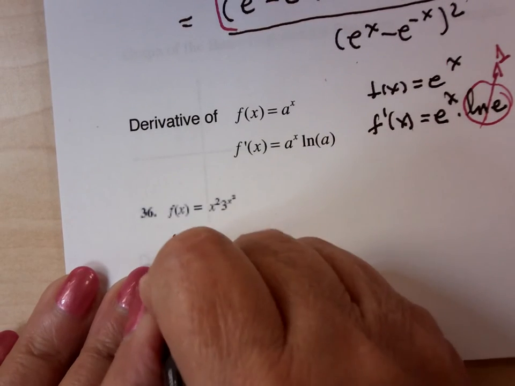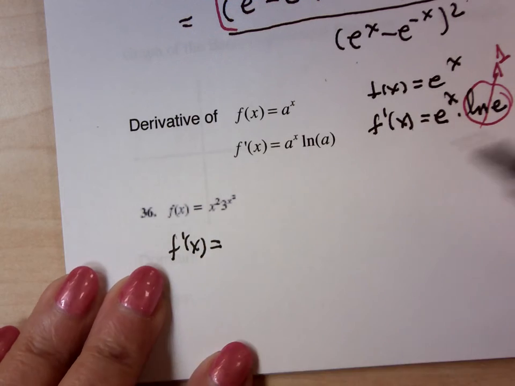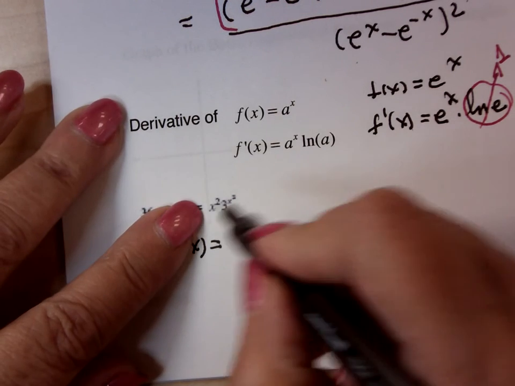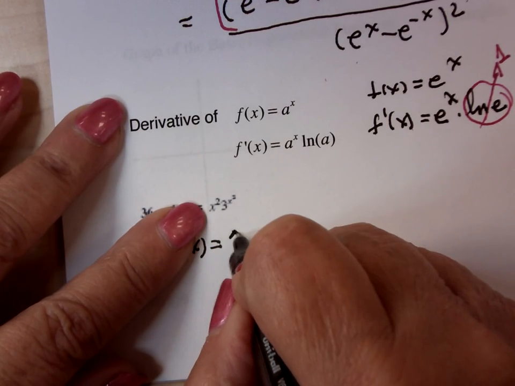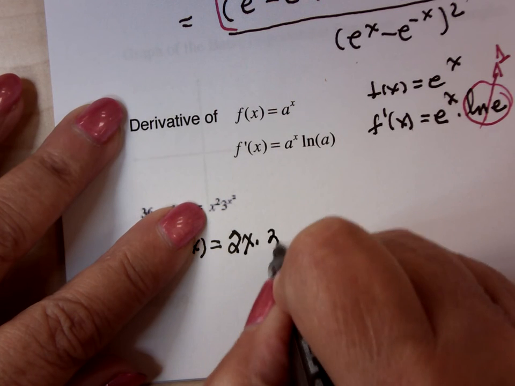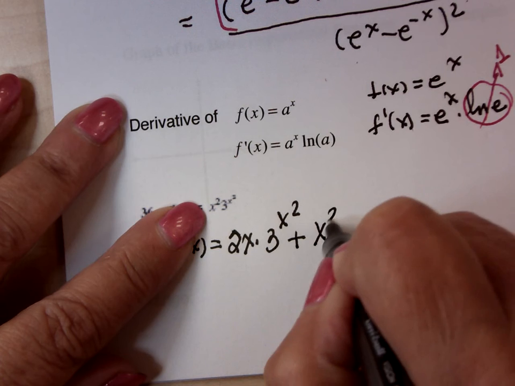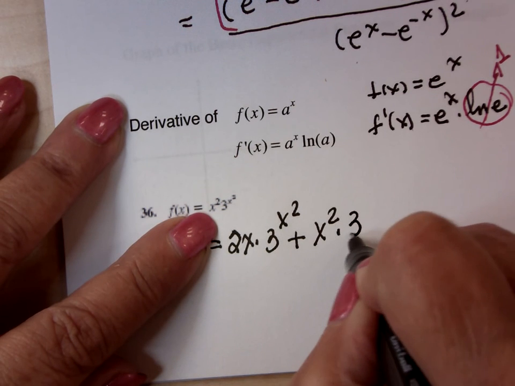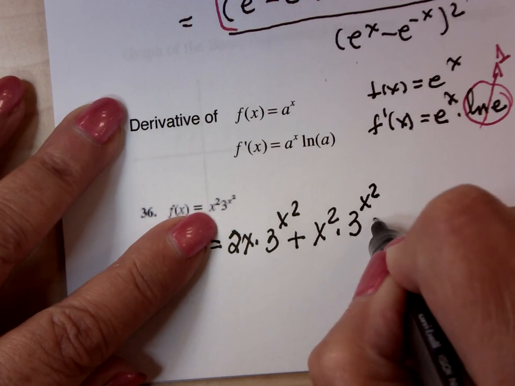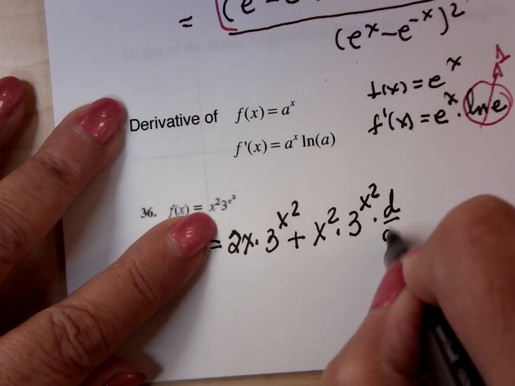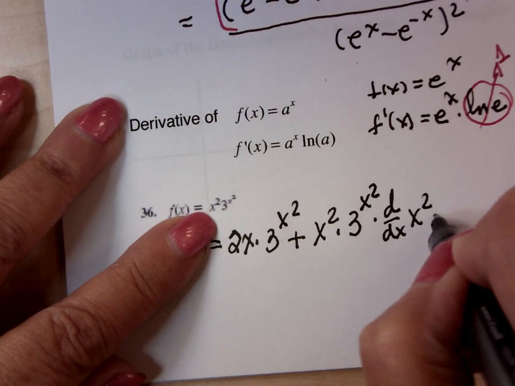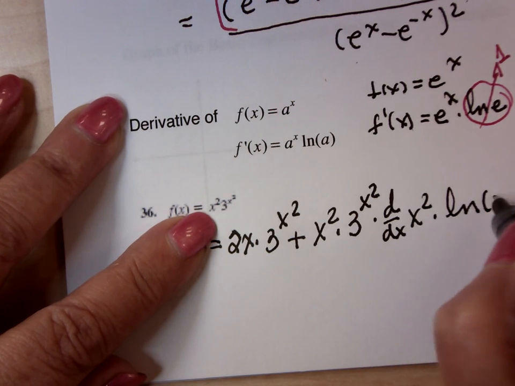F prime of x equals, this is product rule. The derivative of x squared is 2x times 3 to the x squared plus x squared times 3 to the blob times the derivative of the blob times the natural log of the base.